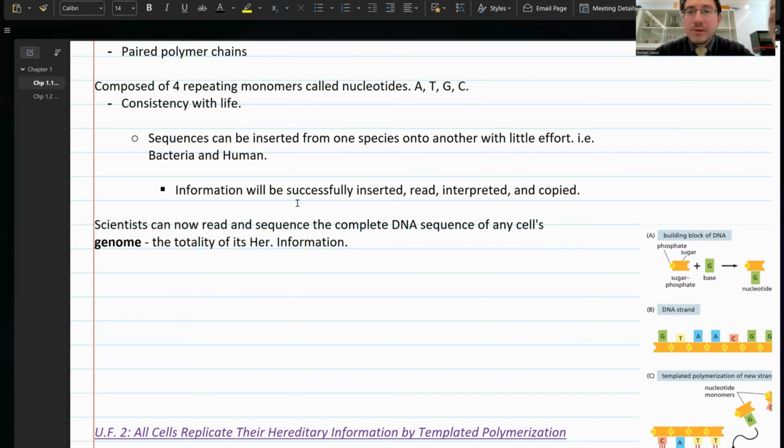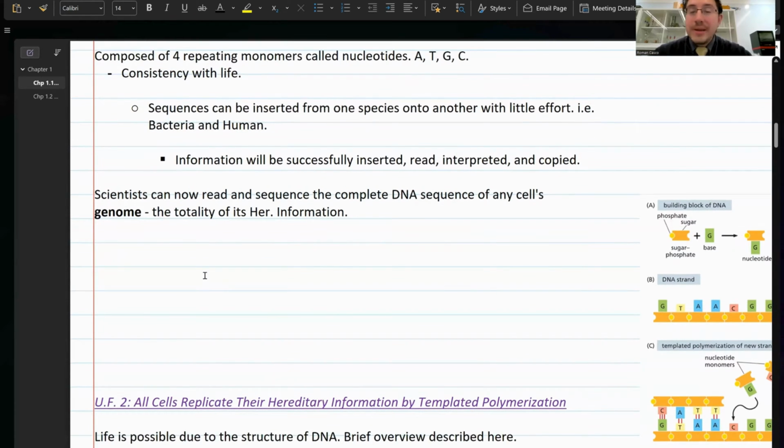Of course, with some little modification and processing, a general little effort nowadays in molecular biology laboratories. You can basically get a gene from a human and insert it into a bacteria to produce that particular protein. That's how consistent DNA is between different species. Ultimately, information can be successfully inserted, read, interpreted, and copied.